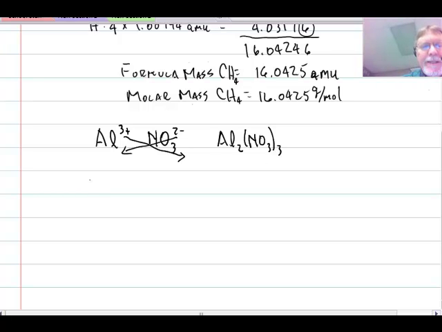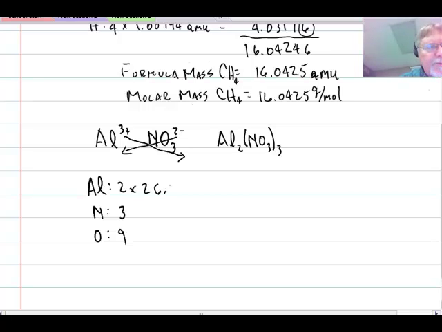So again, we'll set this up. We have aluminum, we have nitrogen, and we have oxygen. There is 1 aluminum atom. There are 3 nitrogen atoms, and 9 oxygen atoms involved in one formula unit of that compound. All right, so we go to our periodic table and get our atomic masses.